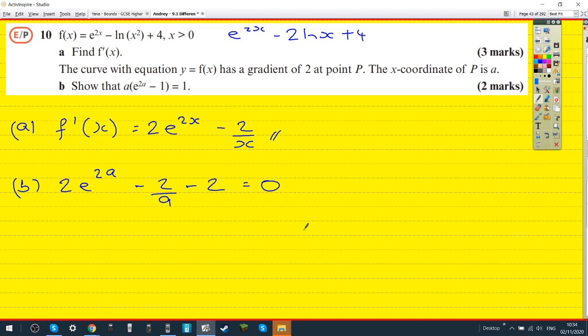Do I need to make some sort of polynomial here? They have no fraction. Do I need to times all the sides by a? Yep. And so that will then become 2a e to the 2a minus 2 minus 2a minus 2.